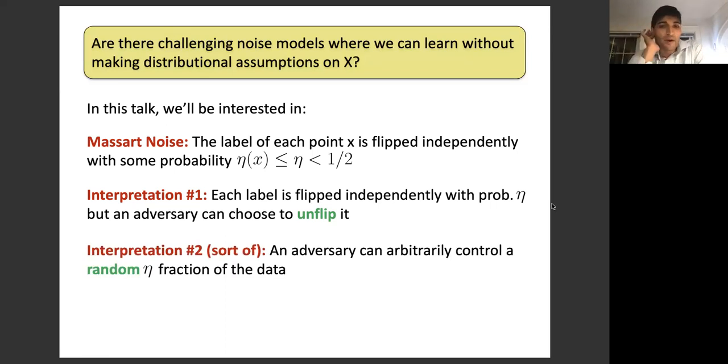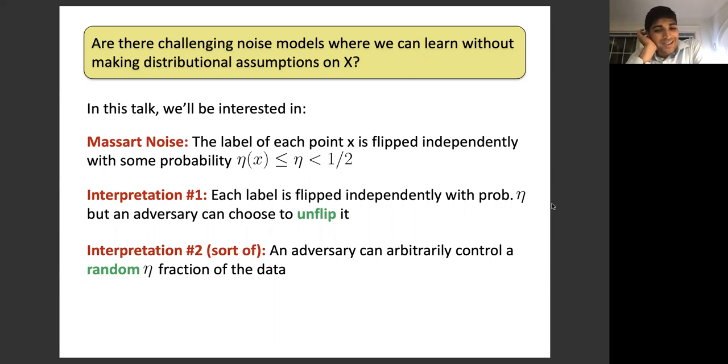Now, another way to think about it, and I wrote this as sort of, because it's not literally the same as the Massart noise model, but actually everything that I'll tell you will work in this model too. So you can take it as another definition for Massart, you can think about it as a twist on the adversarial noise model.